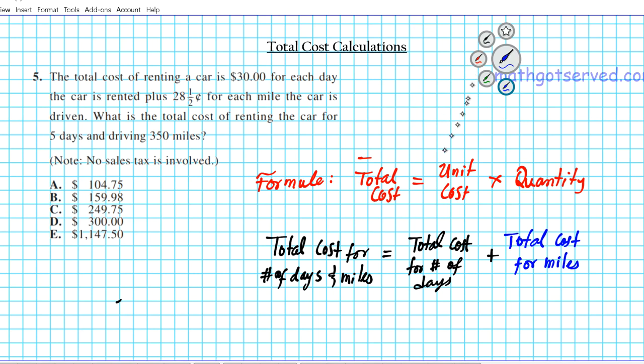All right, so for each individual total cost, we're going to apply the unit cost times the quantity formula for each one, and then we're going to add the final answer.